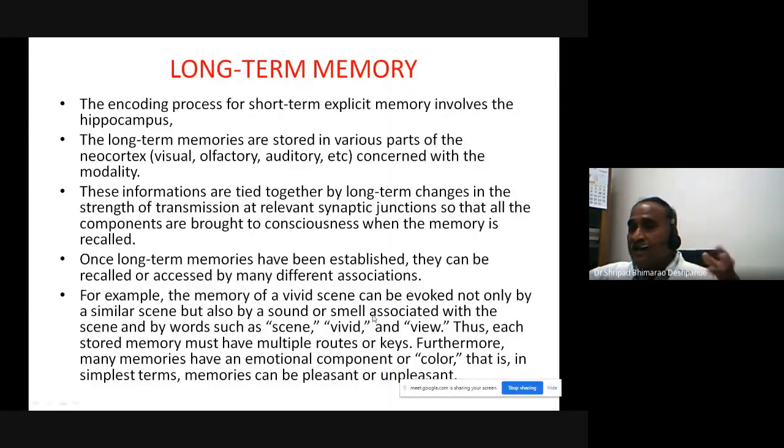Just for example, if a cutlery sound is heard in the kitchen, I'm just trying to explain this phenomenon. A cutlery sound in the kitchen makes you feel that food is ready, the plate is being served, and you try to imagine what type of food.